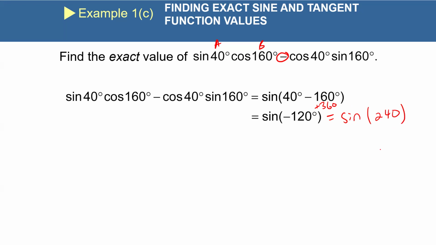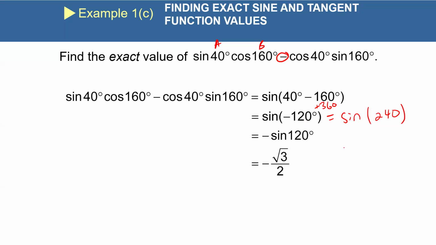So I'm looking at the angle of 240, or I can take the fact that I'm going to use it as a negative. So either way, it's going to still be the same. You either can look at it as sine of 240, or you can look at it as the negative sine of 120. I sometimes just say find the cofunction.